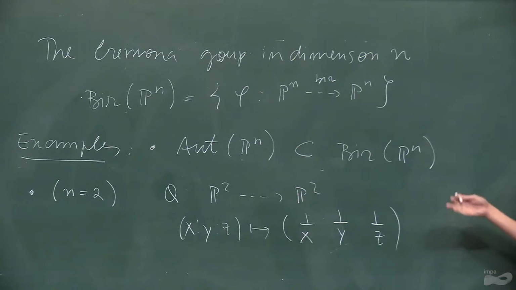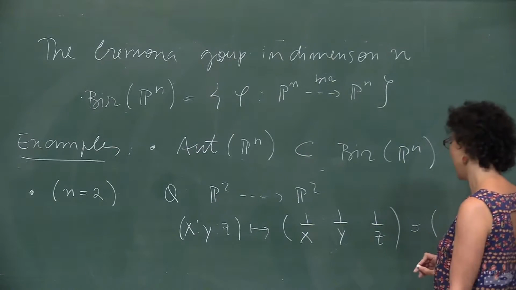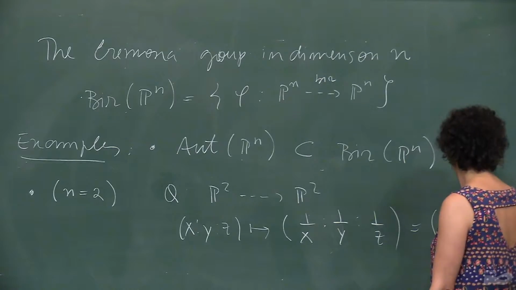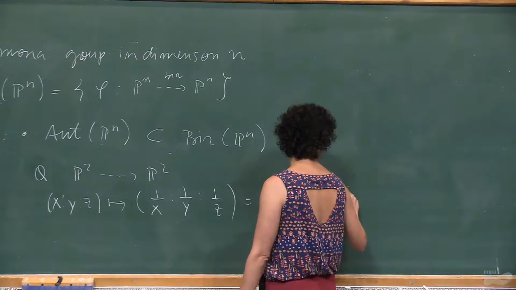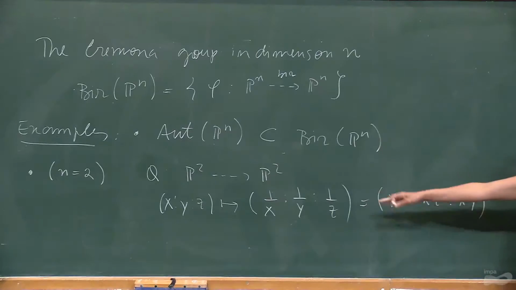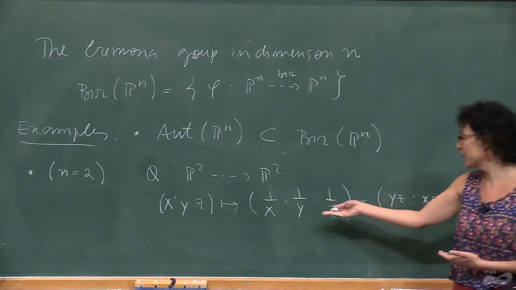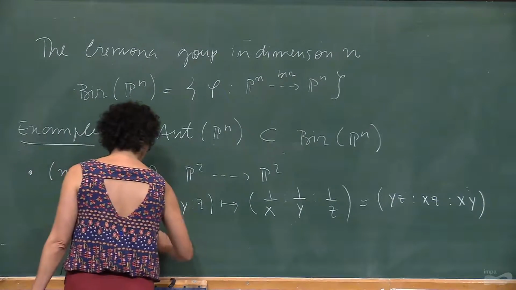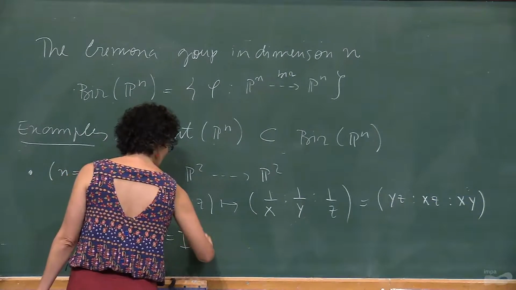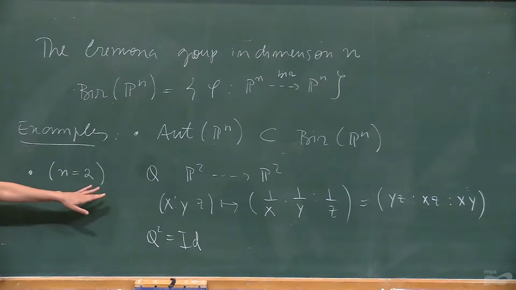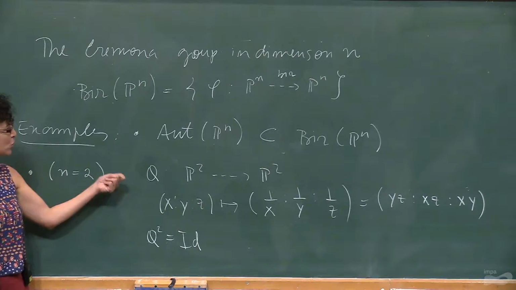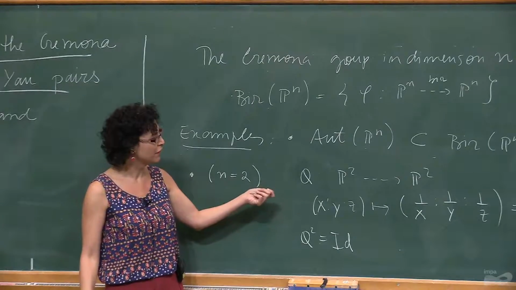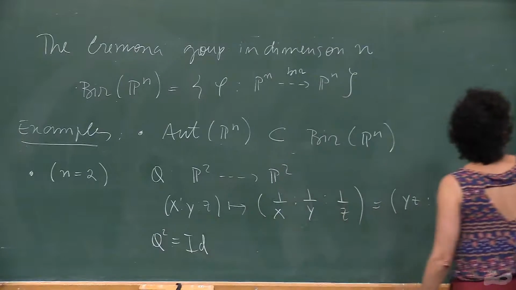But if you want to write it with polynomials, this is the same thing in projective coordinates, writing yz, xz, xy. From this description, it's very easy to see that Q squared is the identity. So this is an involution, but it's really a true birational map. It's not defined exactly at the coordinate points.